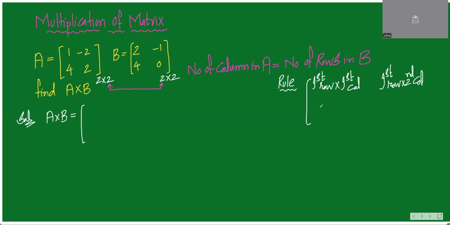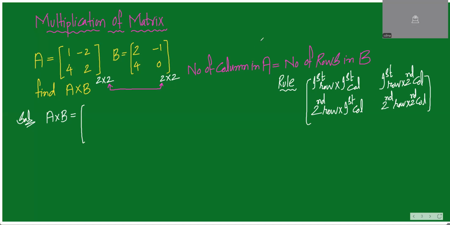Then second row into first column. This is second row, into second column. Yes, into second column. This is the rule.